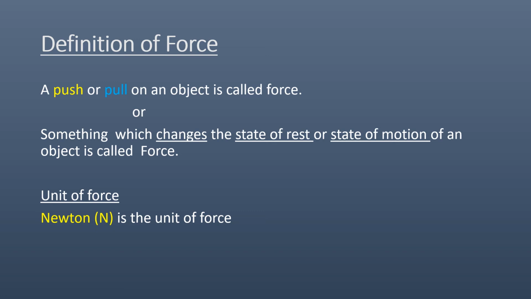That's why we say force is the one which changes the state of rest or the state of motion of an object. So once again, the definition of force in the advanced way is something which changes the state of rest or state of motion of an object is called force. Now, the unit of force is Newton.